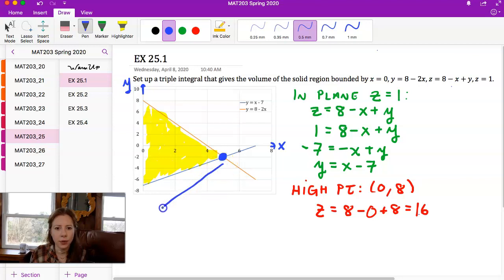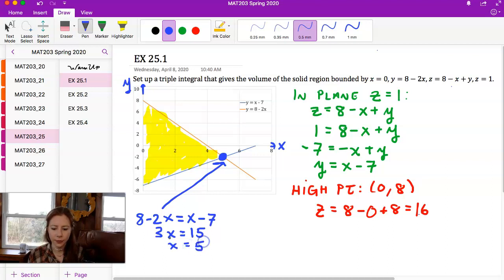At this point, we have 8 minus 2x is equal to x minus 7. This gives us 3x is equal to 15, or x is equal to 5.